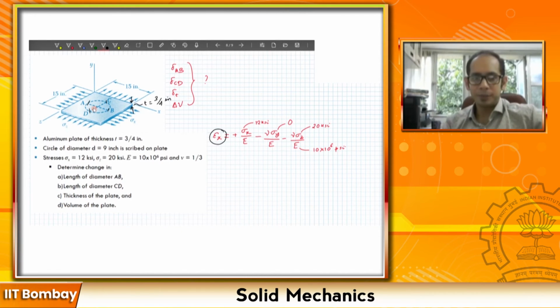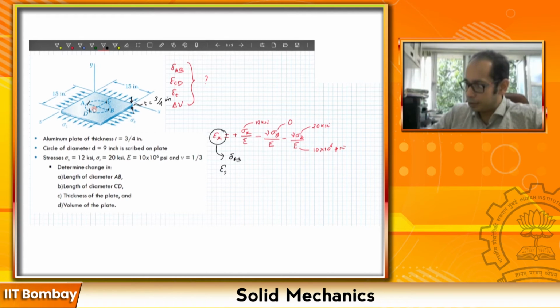Once you have epsilon x, I'm not putting the numbers in and computing directly; you can easily do that, or on the next page I will provide the numbers which we get. Once we get this epsilon x, your next step is to calculate your delta AB, right? Remember how the delta and the epsilons are related?